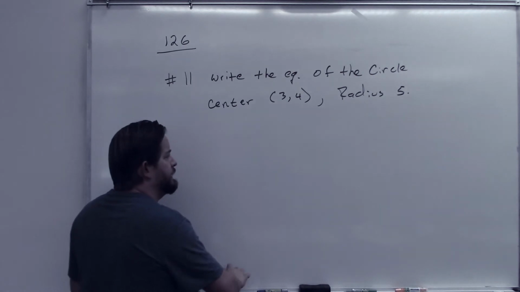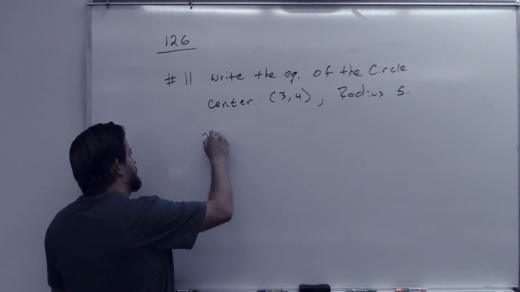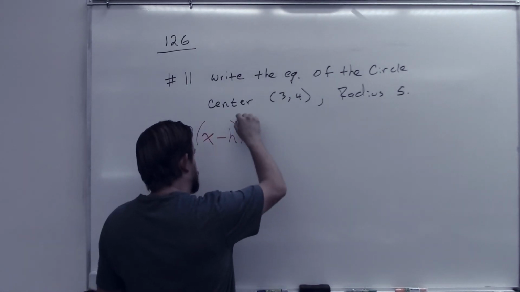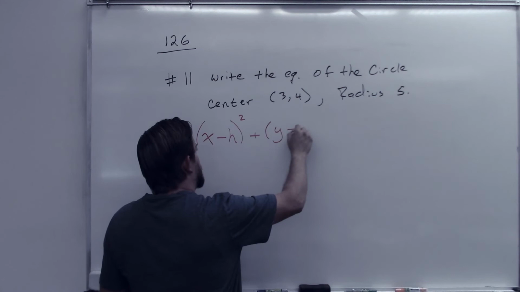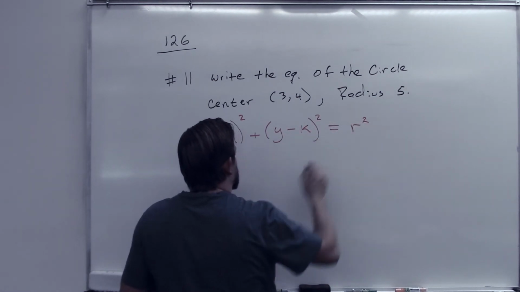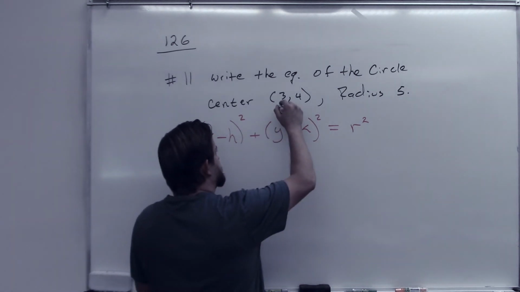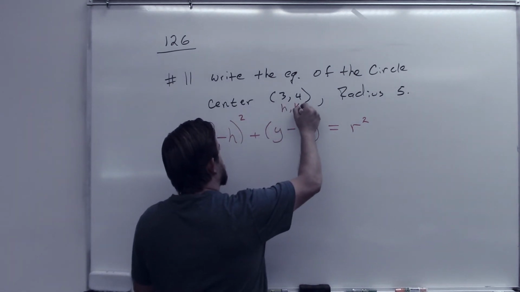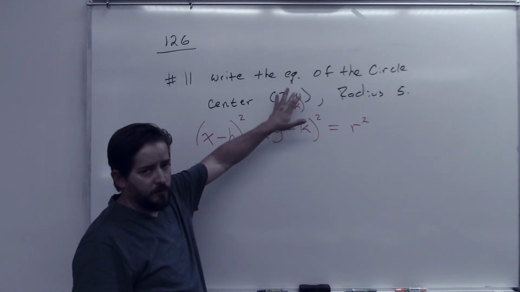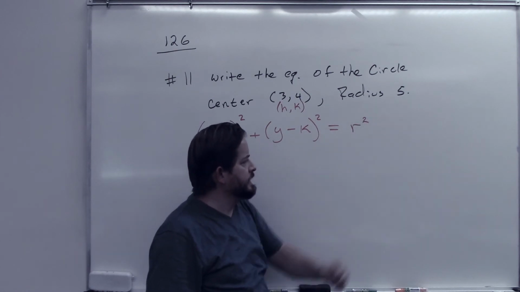So all I really need here is to know that the equation of a circle is x minus h squared plus y minus k squared equals r squared. Where this h and k come from the center, h, k. H is the x value of the center, k is the y value of the center, and then the radius, r, is, in this case, 5.